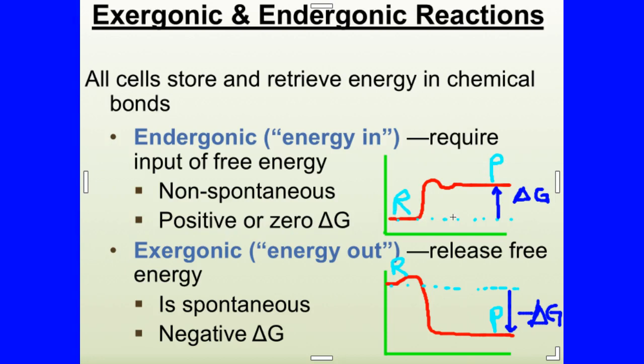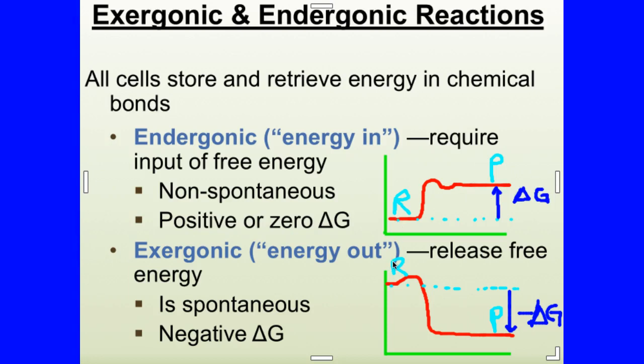Whenever your reactant is lower and your product is higher, because this axis is showing you free energy and it's increasing as it goes higher, we have a positive delta G, or a positive increase in energy in the resulting product.